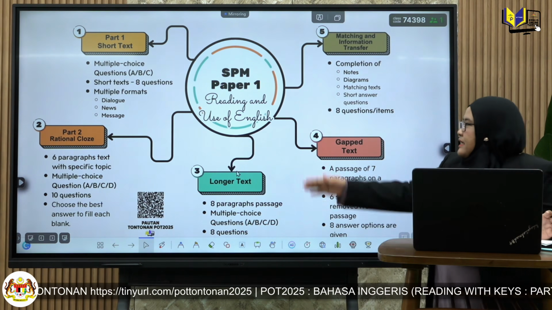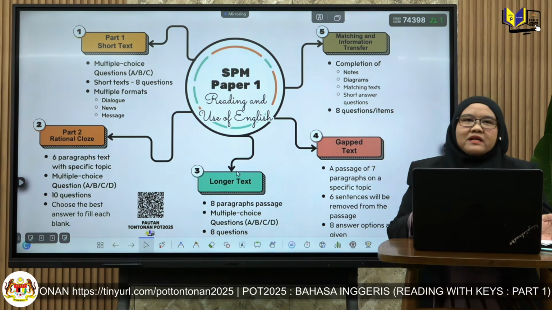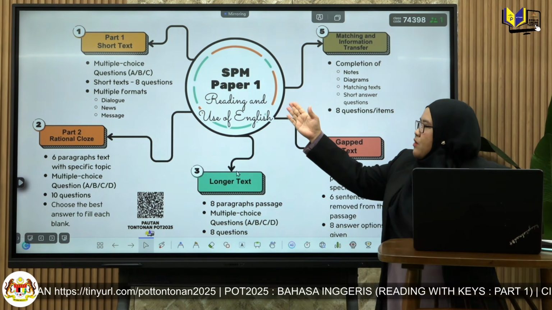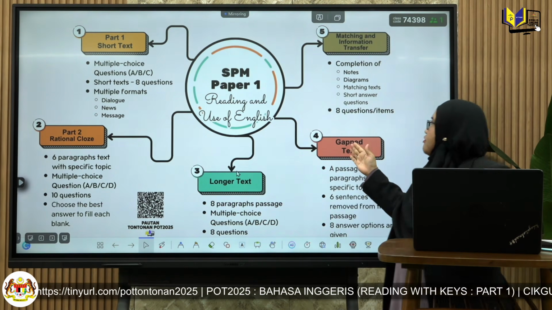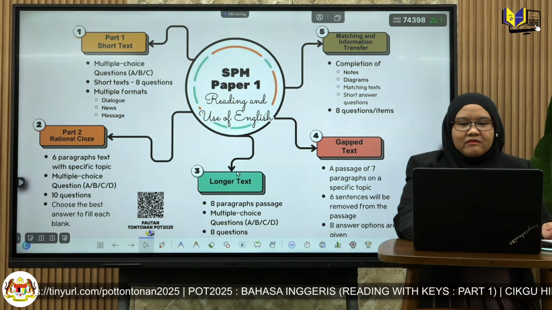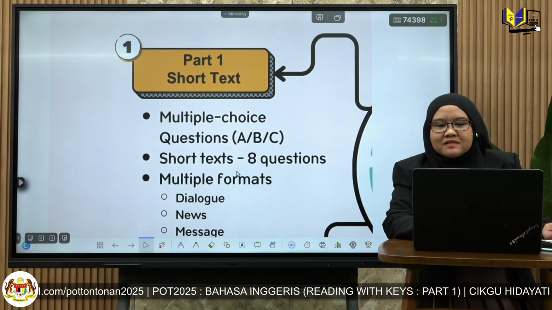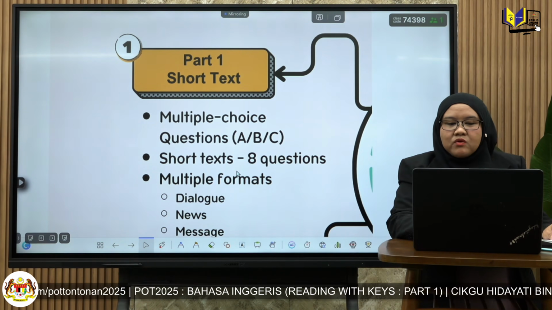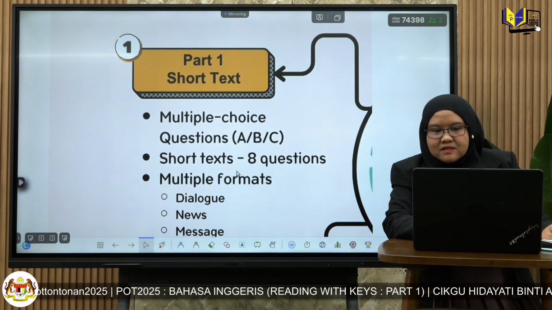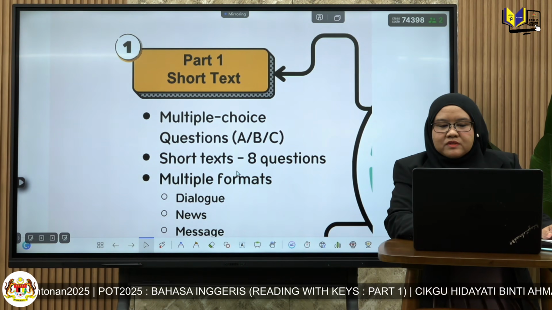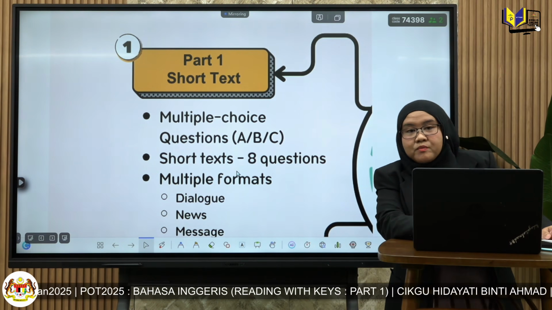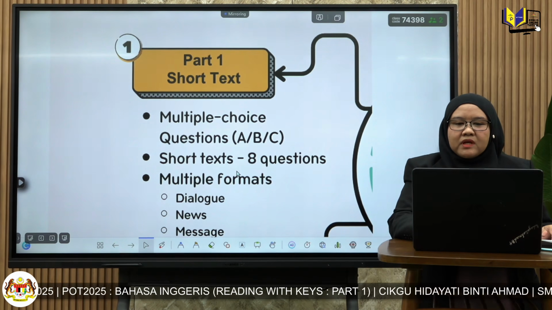This is the layout of the SPM Paper 1. As you can see, there are Part 1, Part 2, Part 3, Part 4, and Part 5. Part 1 consists of multiple choice questions, A, B, C, with short texts and 8 questions. Sometimes it includes dialogue, news, and also messages.